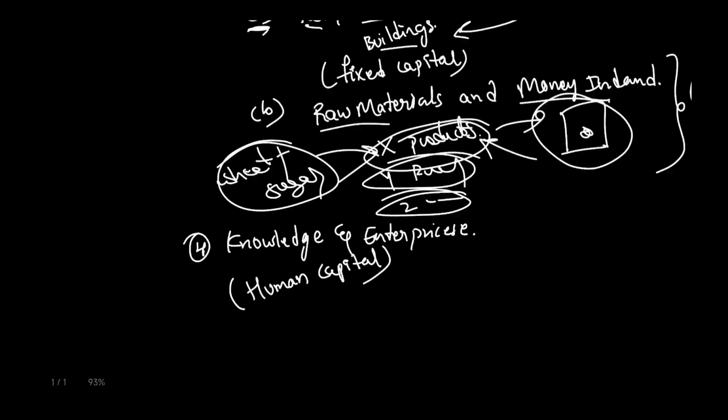Okay. So this is the basic organization of production. This is how production works, and we organize it for ease of simplicity.